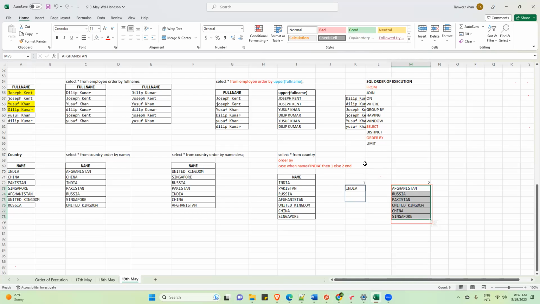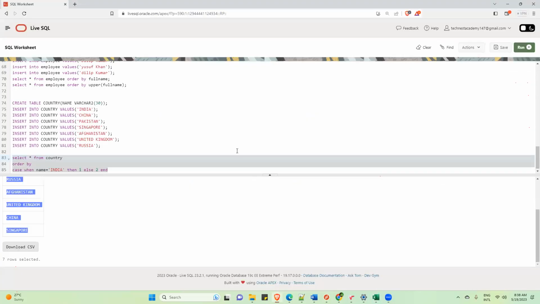So in ascending order, which bucket will come on the top? Bucket number 1. So that's why the engine will take bucket number 1 and place it on the top, then bucket number 2 afterwards. So now see, India came on the top. When I execute this query, that's the reason India is on the top.